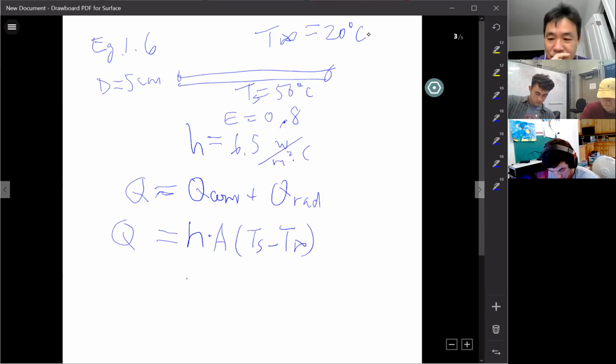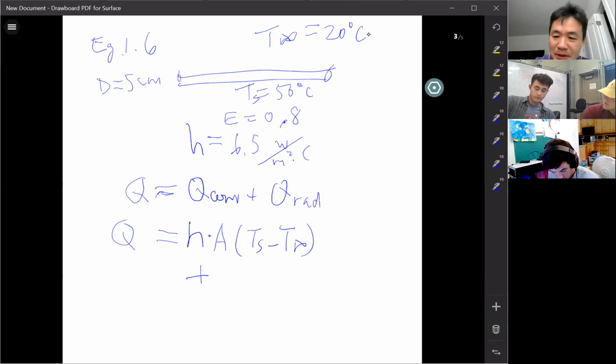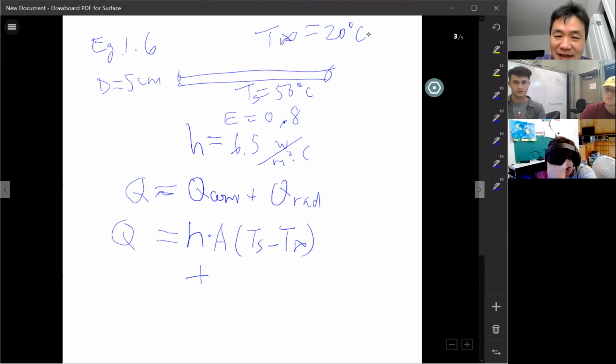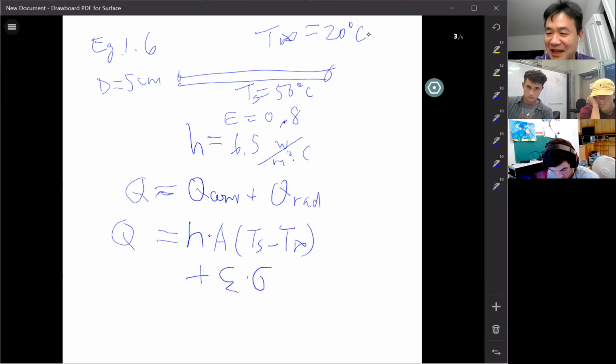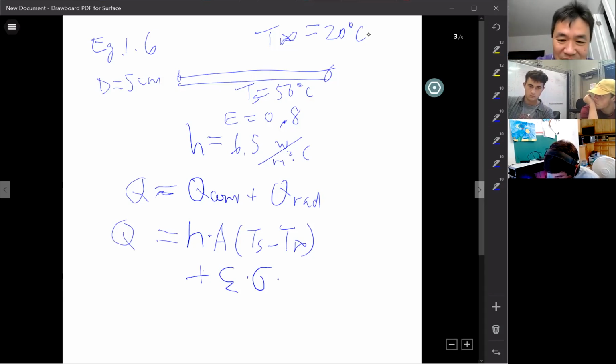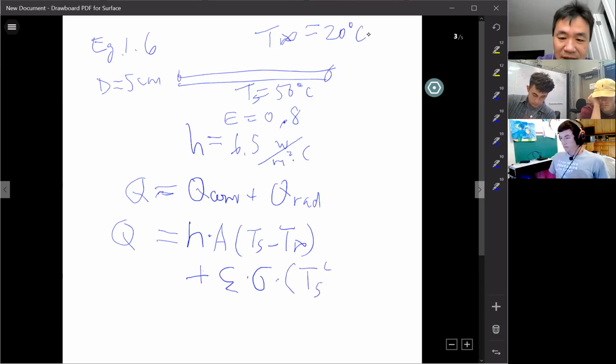Plus the radiation. Radiation, do you remember? It's not a black body, right? But it gives you the emissivity. So emissivity times the Stefan-Boltzmann constant, 5.67 times 10 to the -8, times T surface to the power of 4 minus T infinity to the power of 4.